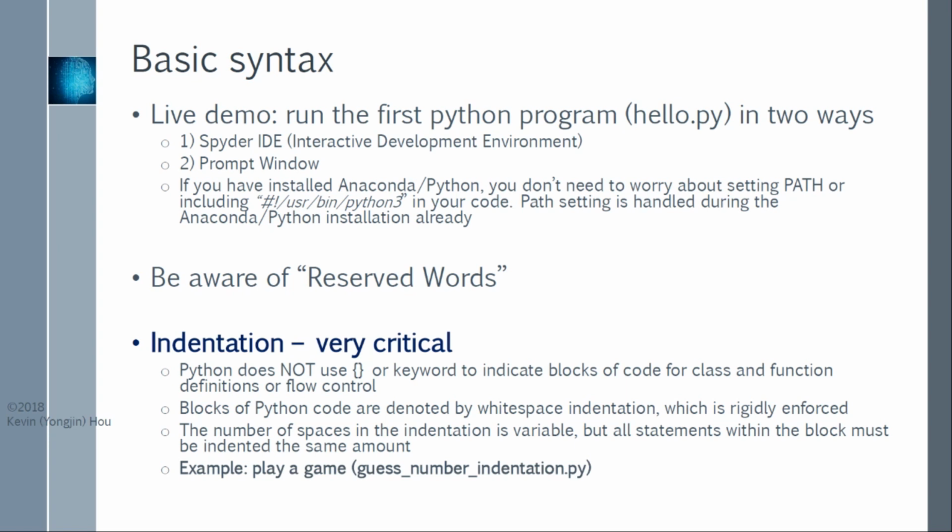If they do not agree with each other in the indentation level, it's a syntax error. The program won't run. So this probably seems very confusing. Let's play the game first, then understand more from the code for the game.